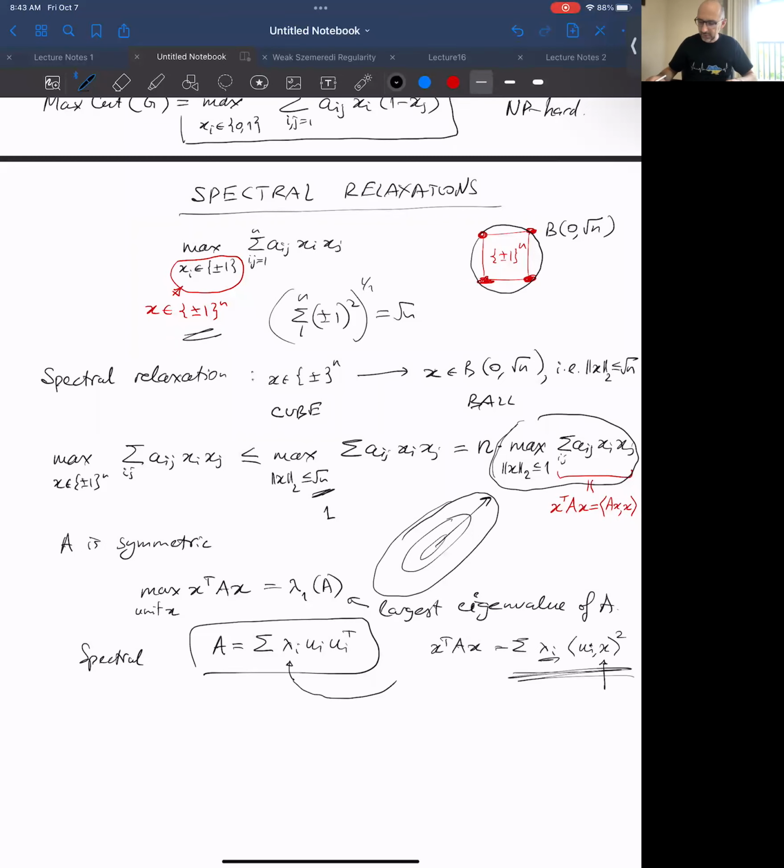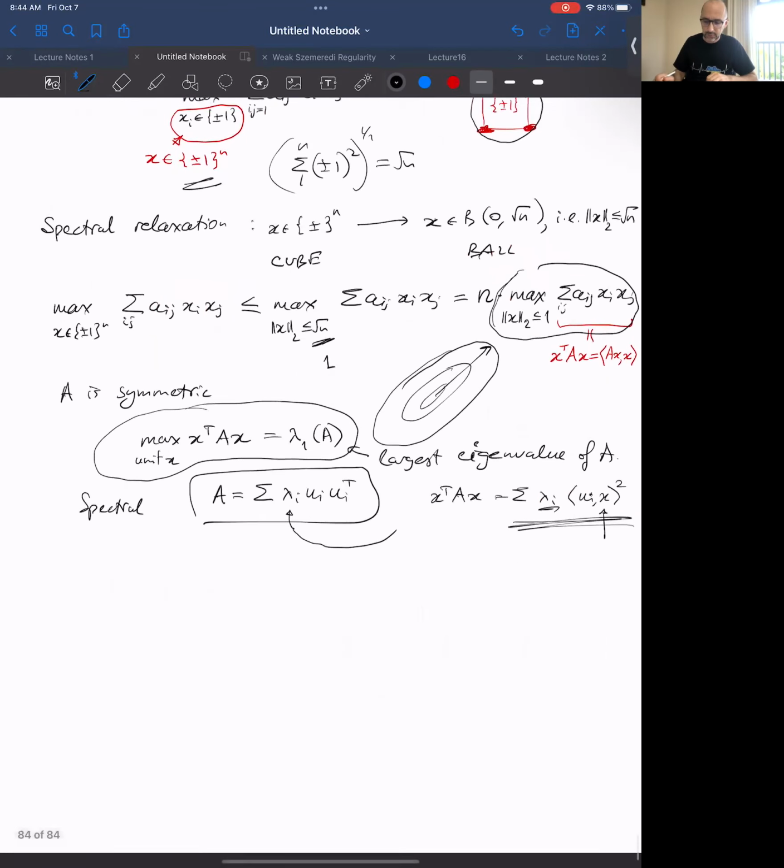Okay, sorry guys. This is one thing that's a bit of background from linear algebra that I would love you to remember: if we maximize a quadratic form over unit vectors, that is a spectral quantity. Specifically, it's the largest eigenvalue of the matrix.